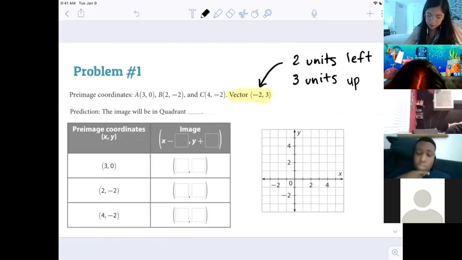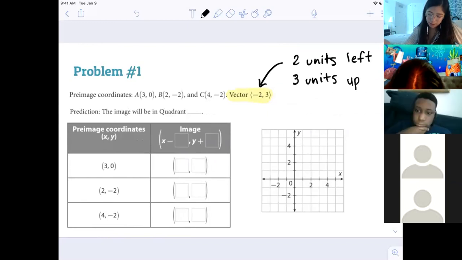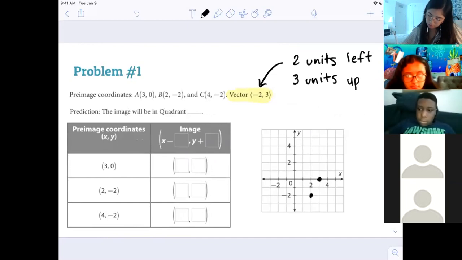All right, we can make a prediction of which quadrant it's going to be in. Before I do anything, I'm going to draw my pre-image just based on what they're telling me. The coordinates are 3, 0, 2, -2, and 4, -2. So there's my pre-image.